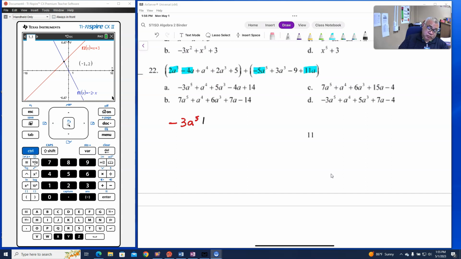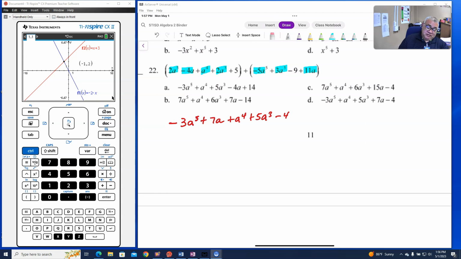So that's going to be plus 7a. The next one is a to the 4th. I don't have another a to the 4th. The next one is a cubed. So 2a cubed and 3a cubed, you get 5a cubed. And then the last one is 5 minus 9, which gives you -4.